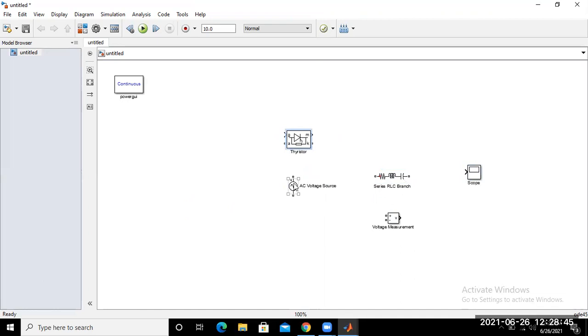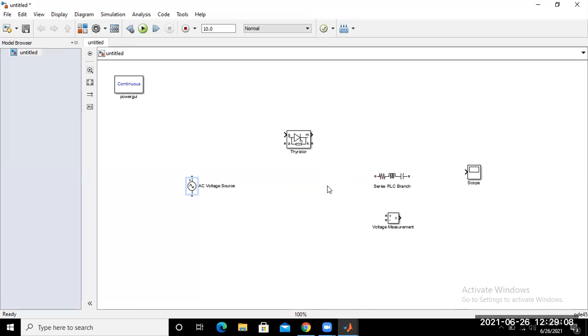This is your AC voltage source. Now how many thyristors do we require? That means 4. The 4 thyristors can be generated from this one, or again go to the Simulink library and drag to the workspace. One more block we require here.